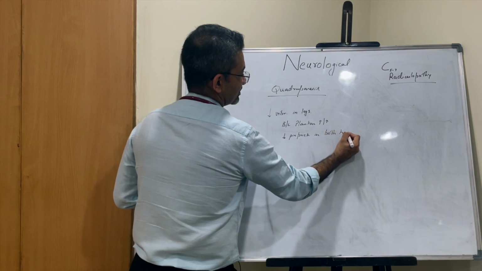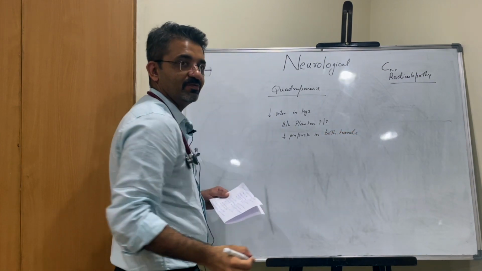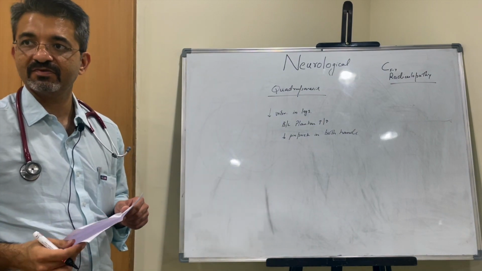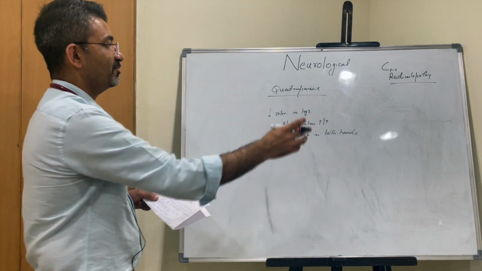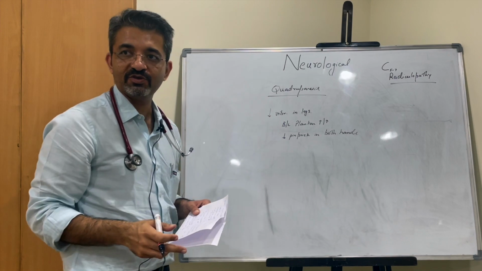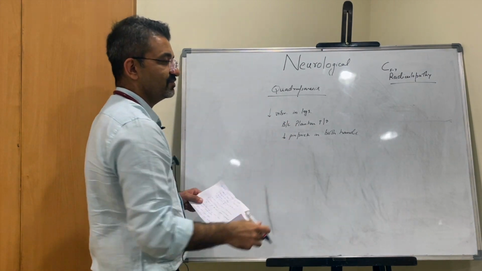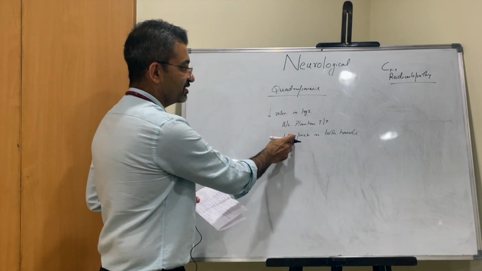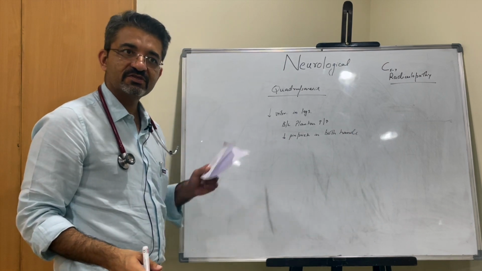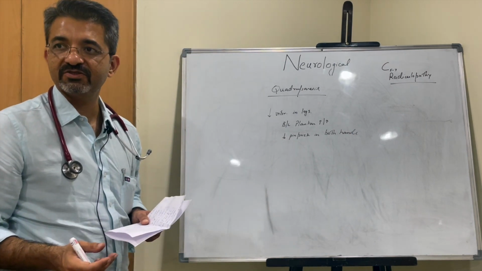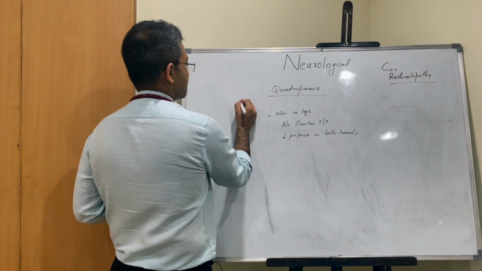Mind you, the patient comes to you with paraparesis, that is legs are weak, and you have demonstrated that the vibration in legs are also lost. You have bilateral plantars which are extensor, and you have decreased pinprick in both hands. So this goes in favor of subacute combined degeneration of cord due to B12 deficiency.